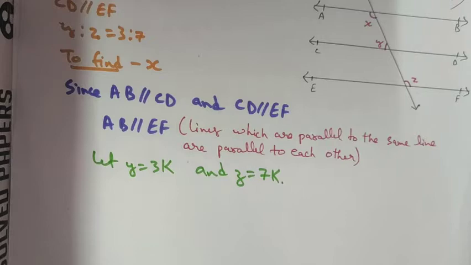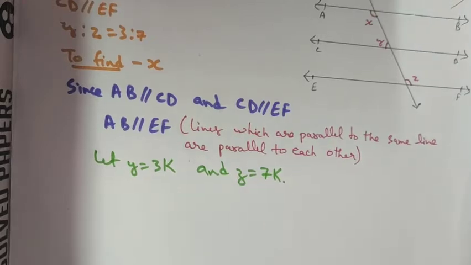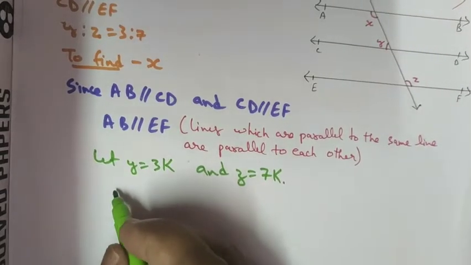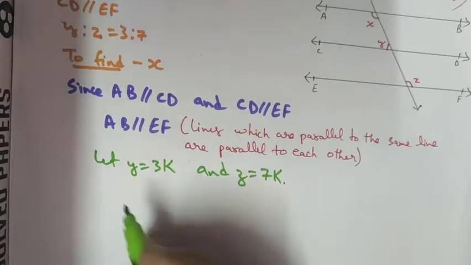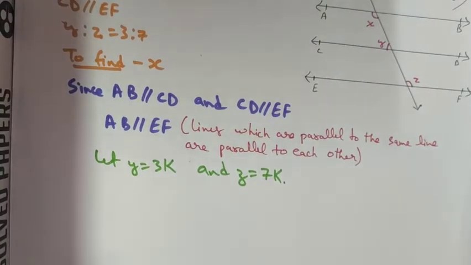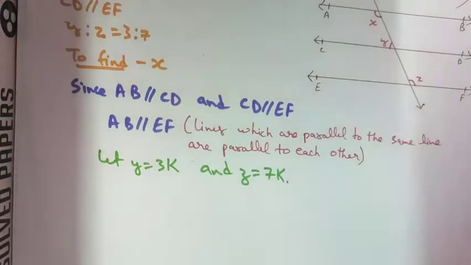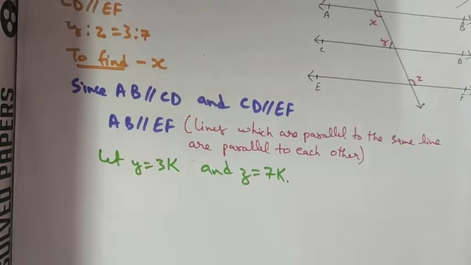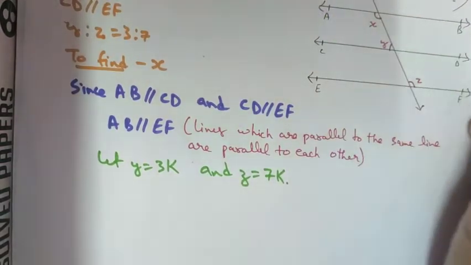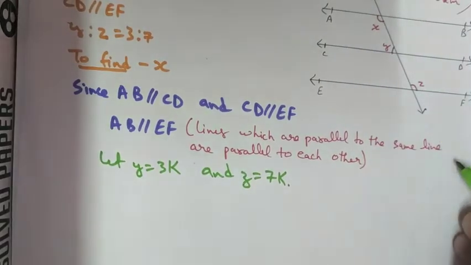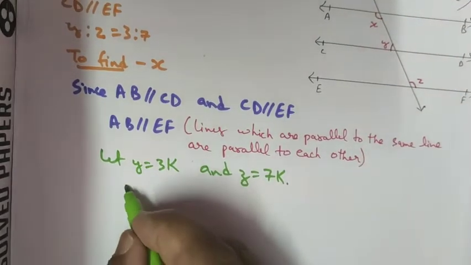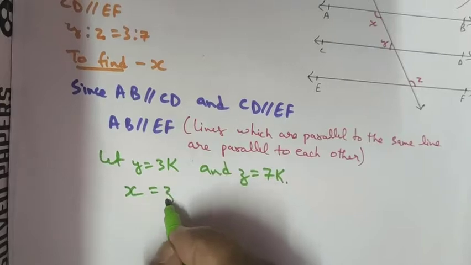Now since AB is parallel to CD, we can say that x and y, so we have proved that AB is parallel to EF. If AB and EF are parallel and this is the transversal, then angle x will be equal to angle z. Why?